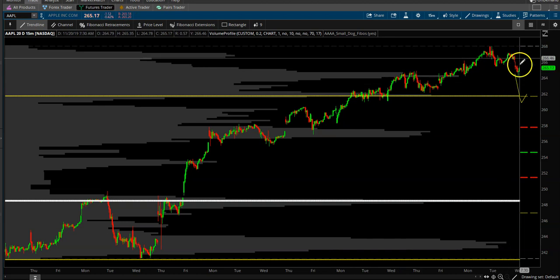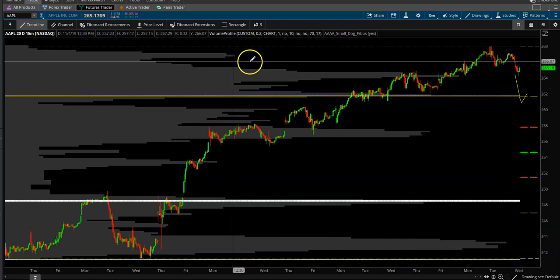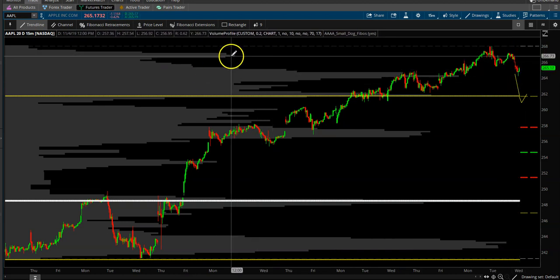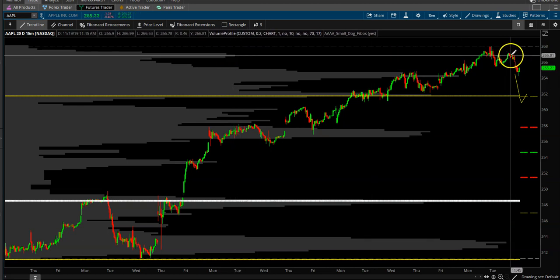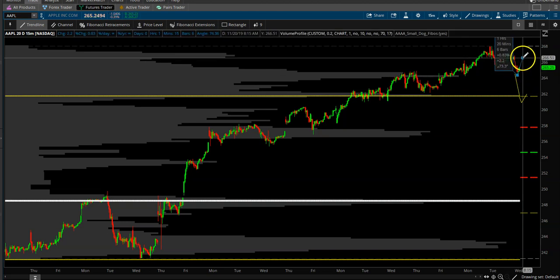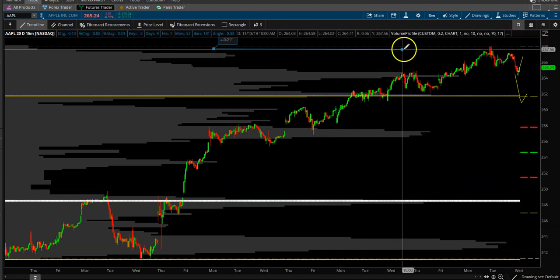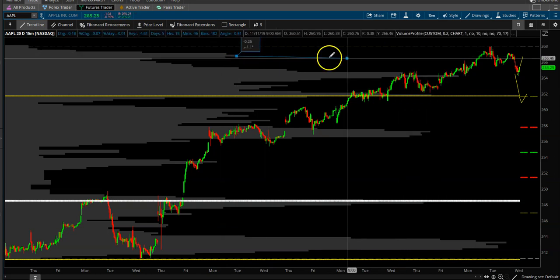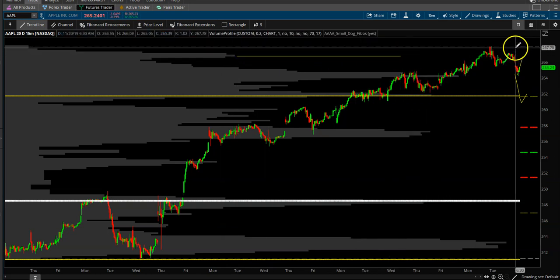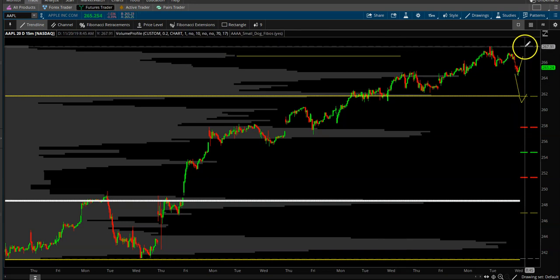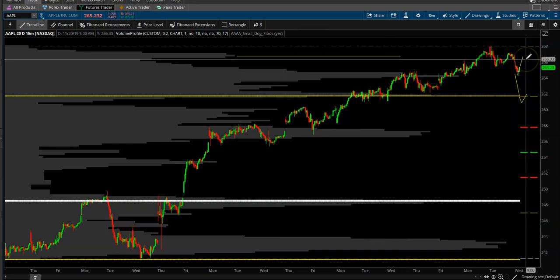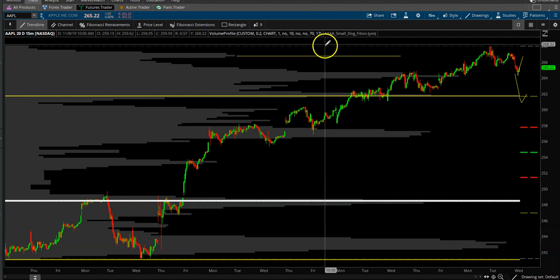But I would say, here we fell from this node, a semi-high volume node right here. We might bounce right back up to it, churn around, and start to build this high volume node out farther. We might just go up and down and it becomes a very choppy market.